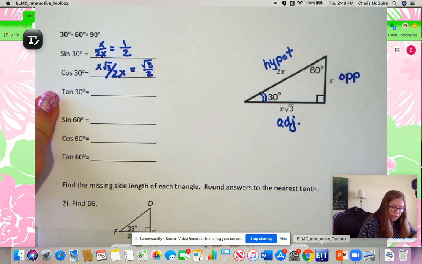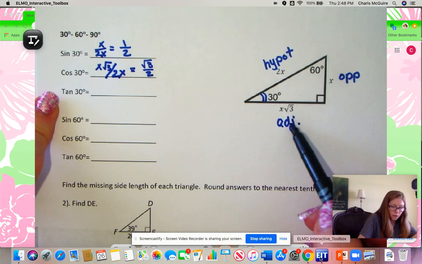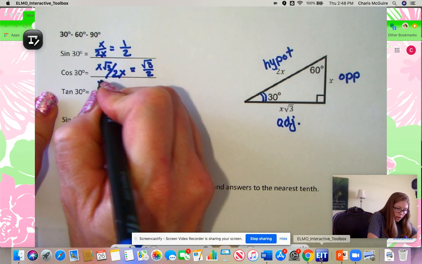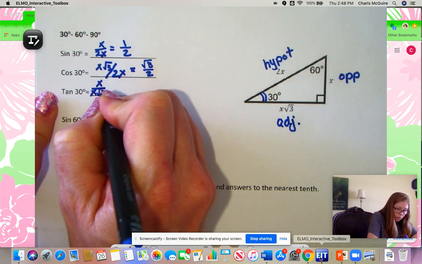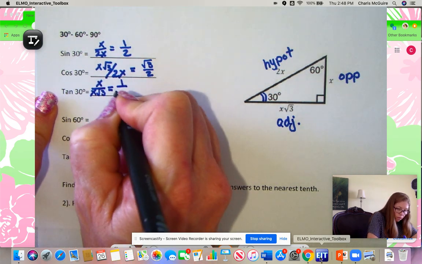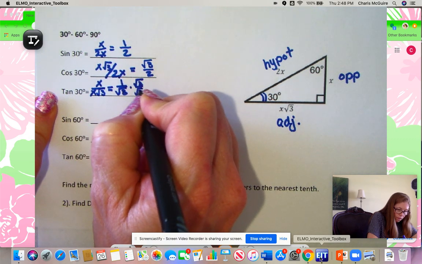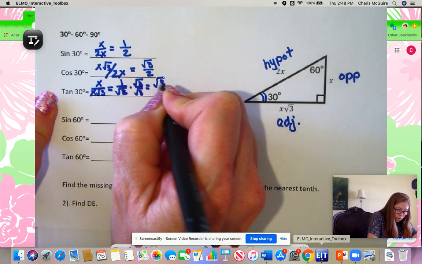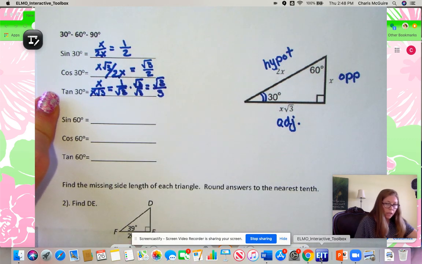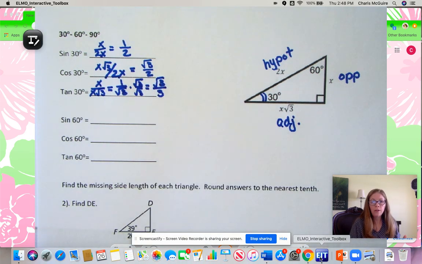And then finally, tangent is opposite over adjacent. So that's x over x square root of 3. So you are going to get 1 over the square root of 3, and we're going to rationalize that. So we have the square root of 3 over 3. All right, and again, when you take pre-calc, you are going to memorize these. These will be something that you learn on your unit circle.